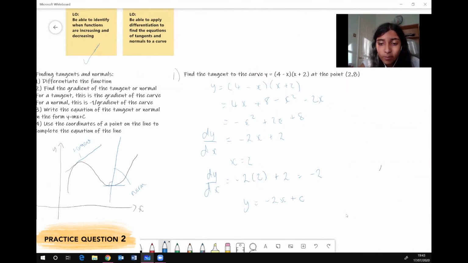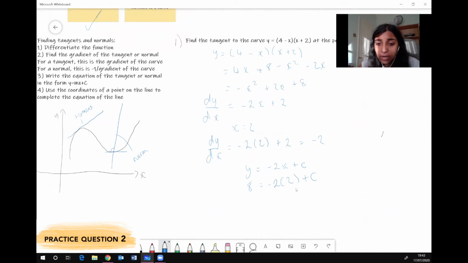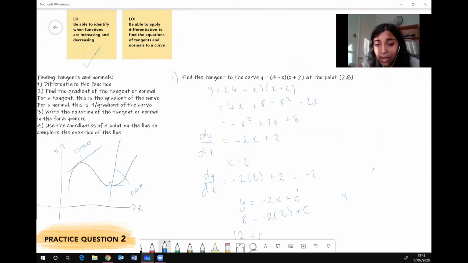So we'd have 8 is equal to minus 2 times 2 plus c. And that means if we do 8 plus 4, we'd get 12 is equal to c. So we can rewrite our equation as y equals minus 2x plus 12. And that's the equation of our tangent.